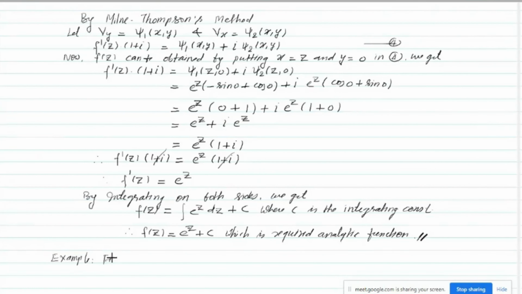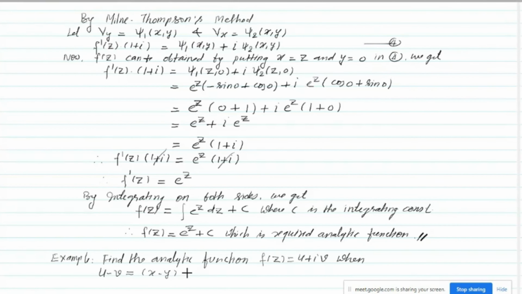Example: find the analytic function f of z equal to u plus iv when u minus v is equal to x minus y in bracket x square plus 4 times xy plus y square.